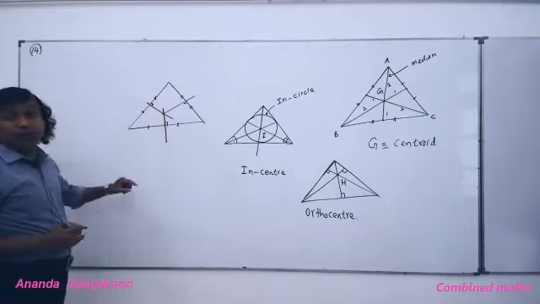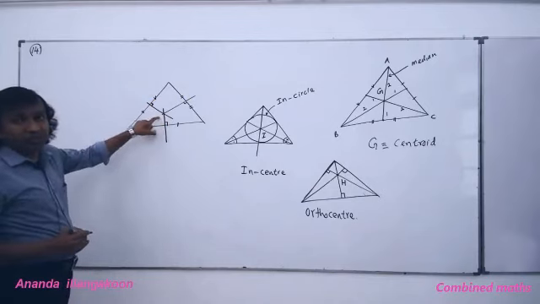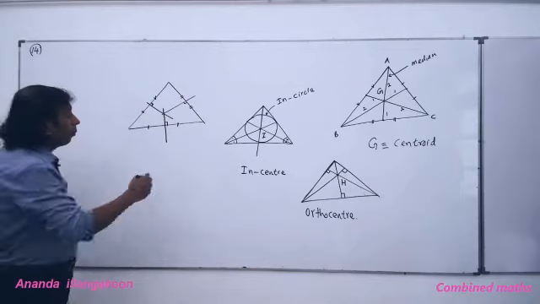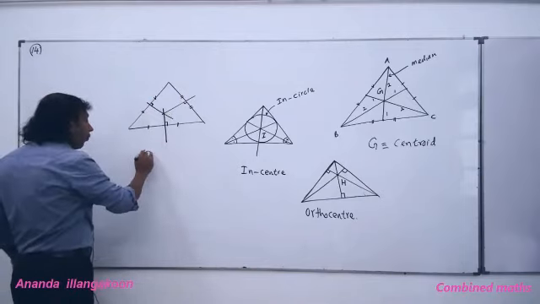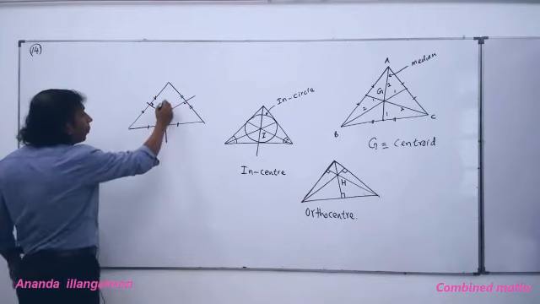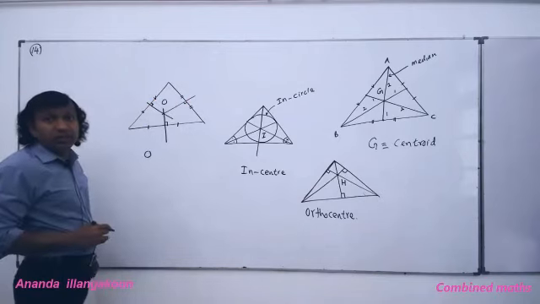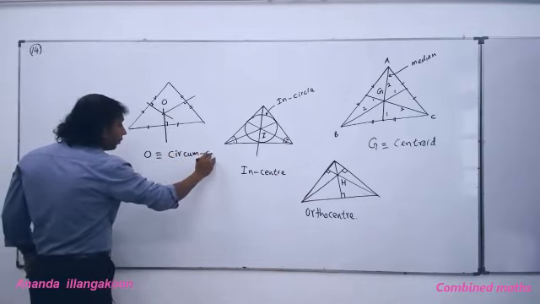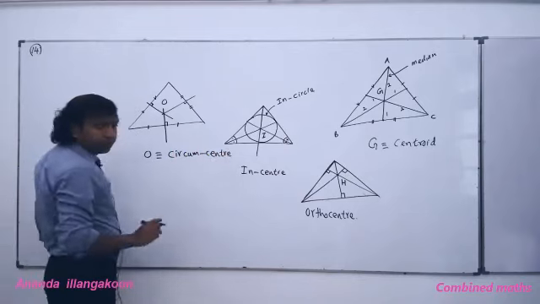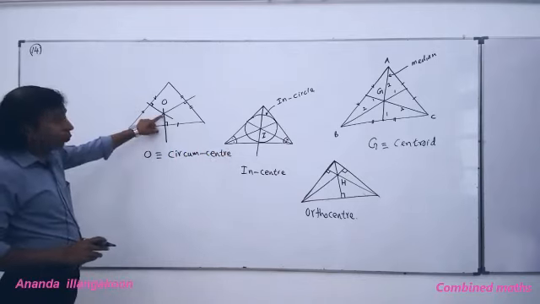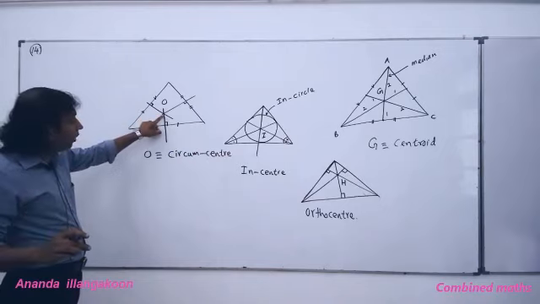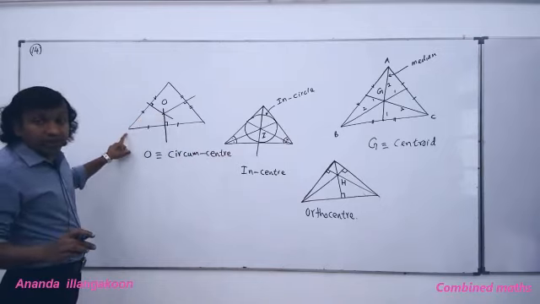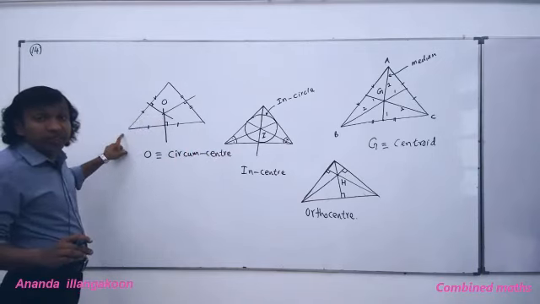The other one is this. Then all these three perpendicular bisectors will meet at a point. That point, denoted by O, is called what? The circumcenter. Taking this point O as the center, and from here to any vertex of the triangle as the radius, we can draw a circle.